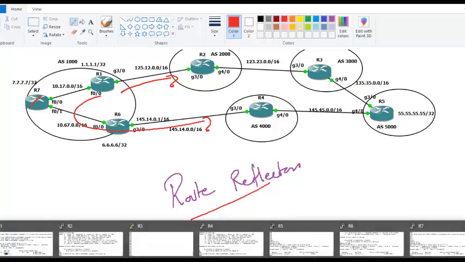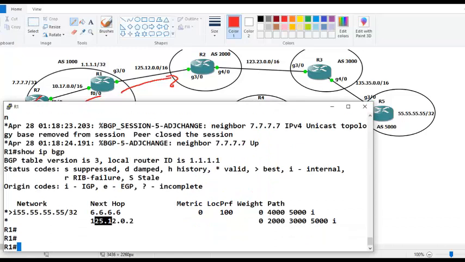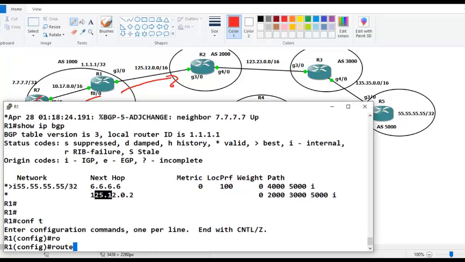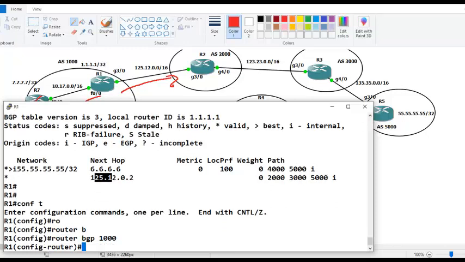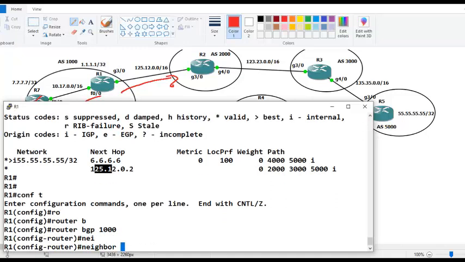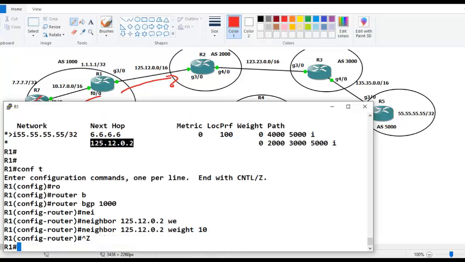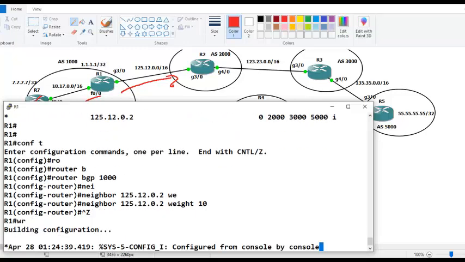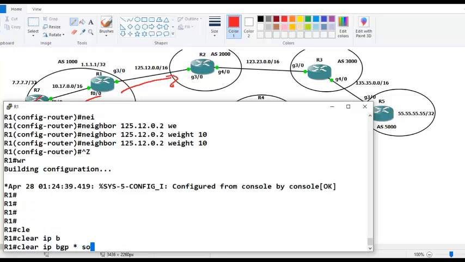I'm just setting weight, you see. Router BGP 1000. Neighbor. For this neighbor, I'm giving more weightage. Weight 10. Now the weight will be changed. Clear IBGP star soft. I'm refreshing BGP by clear. Show IBGP.